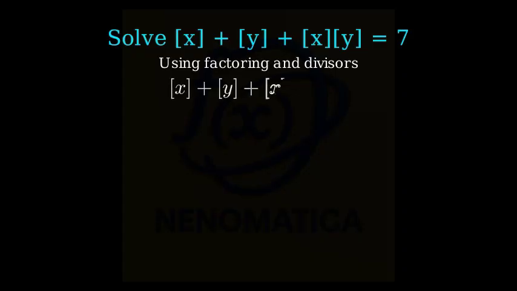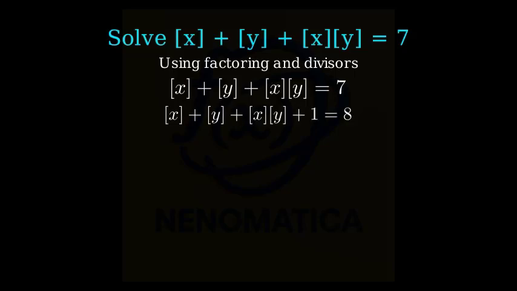The equation is [x] plus [y] plus [x] times [y] equals 7. Step 1. The key idea is to add 1 on both sides, and then factor. We write [x] plus [y] plus [x][y] plus 1 equals 8.